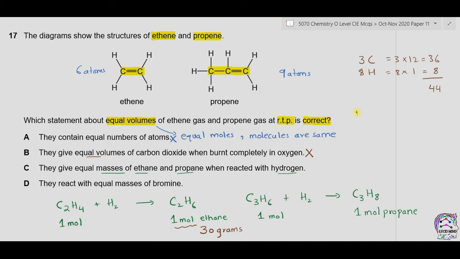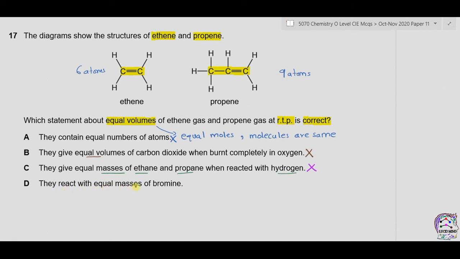Again, using the formula, mass in grams is equal to moles into molecular mass. So 1 mole into molecular mass of C3H8, which is 44. So it produces 44 grams. So by hydrogenation of equal volumes, we get different masses of products. So therefore C is also incorrect.